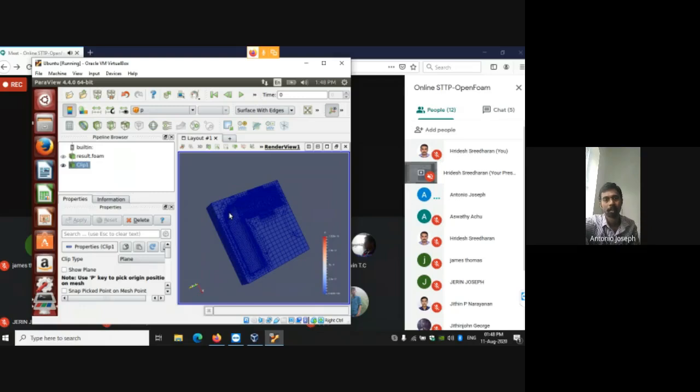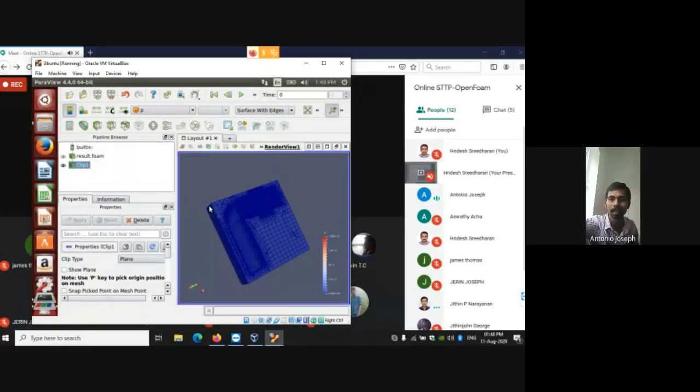Thank you. So to see the mesh in Paraview, what was the extension, sir? Actually, that was not the extension for seeing the mesh. Actually, we want to save the result file. We want to save the result file in an extension called .foam.